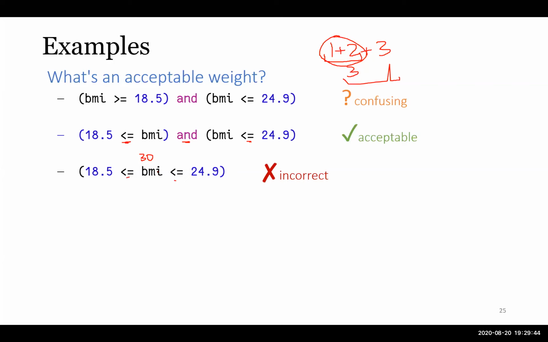So C will compute this first: is 18.5 less than 30? True. Now, because this is true, implicit conversion makes true 1. Then 1 less than 24.9 is true. So this whole statement is true, even though BMI is 30.